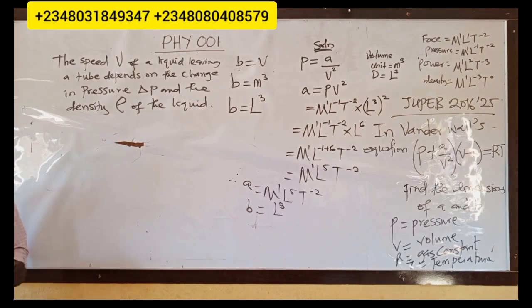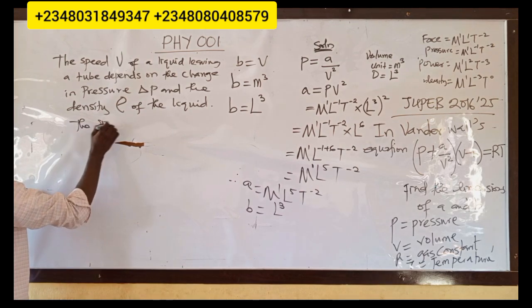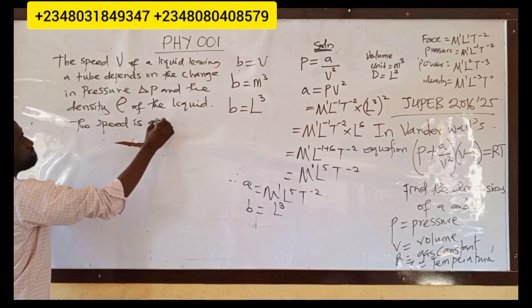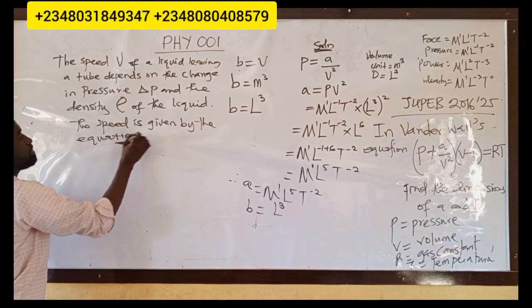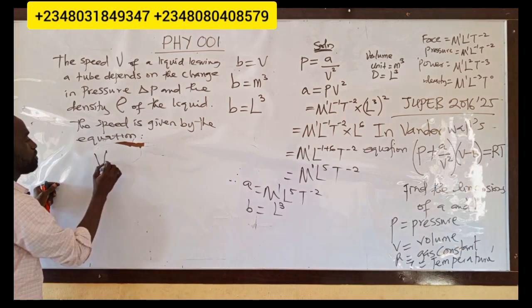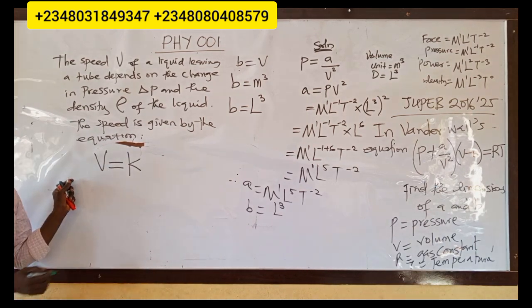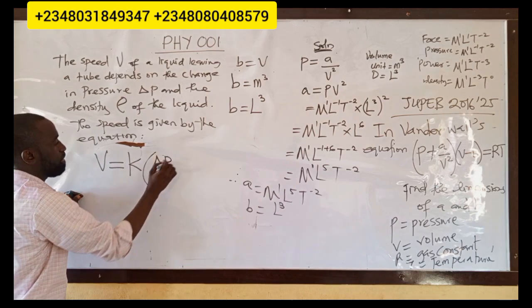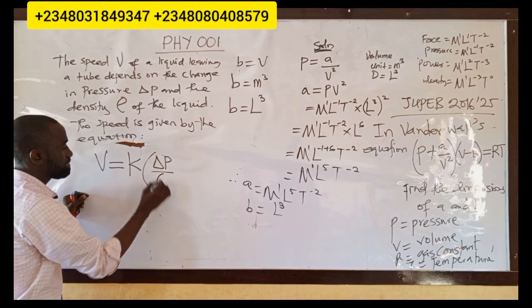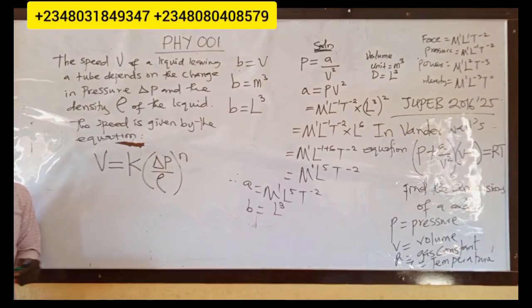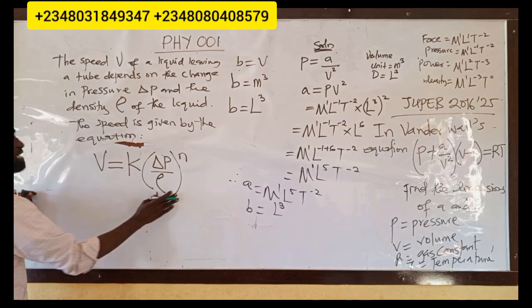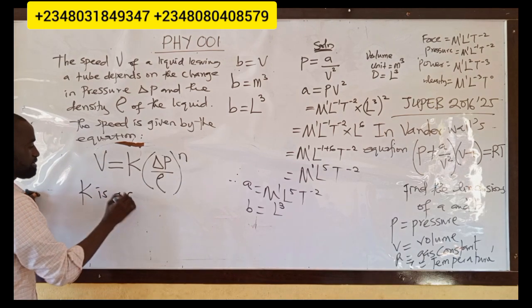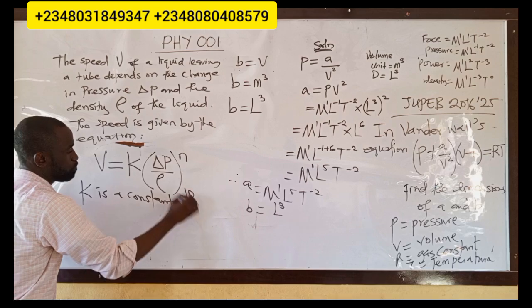The speed is given by the equation V equals K, open bracket, change in pressure P all over density, raised to the power N, where K is a constant that has no unit.